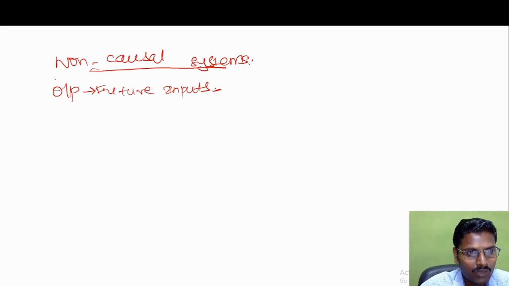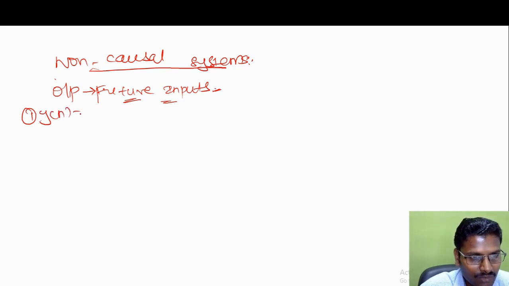So if a system's output depends upon future inputs, then the system is known as a non-causal system. Let me solve an example for a non-causal system.